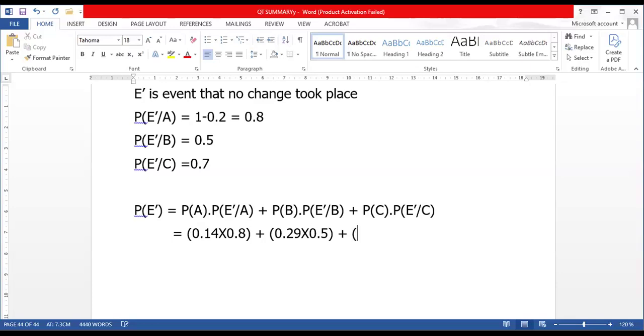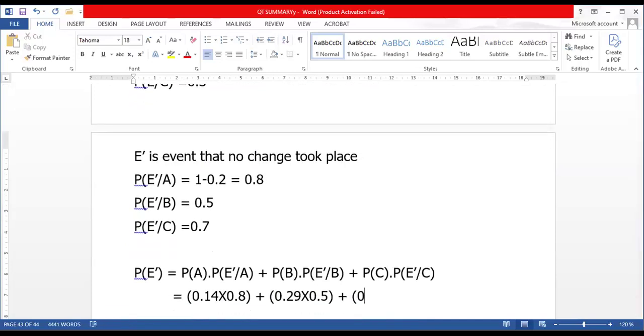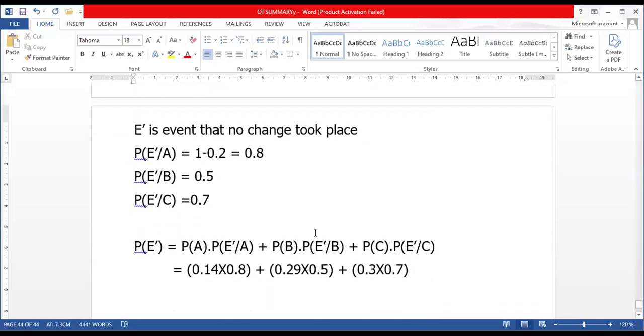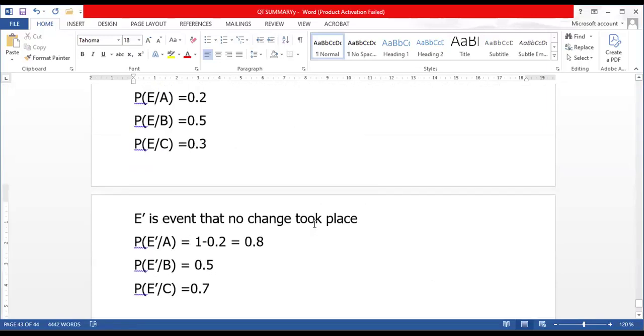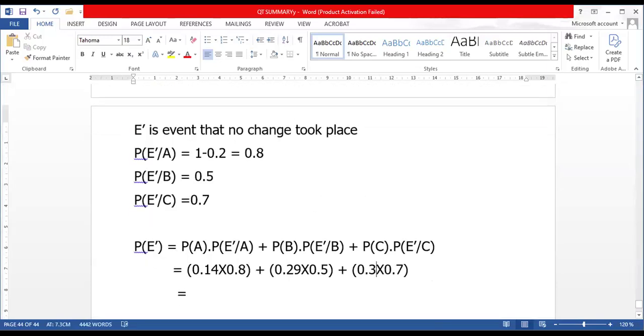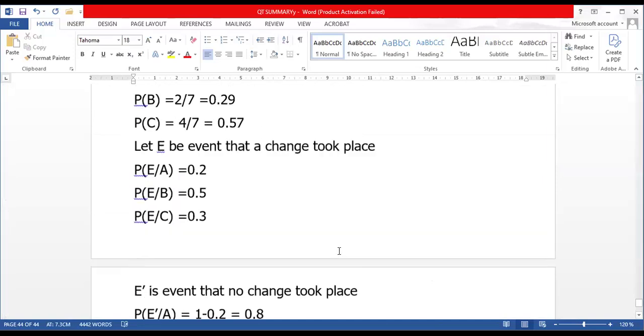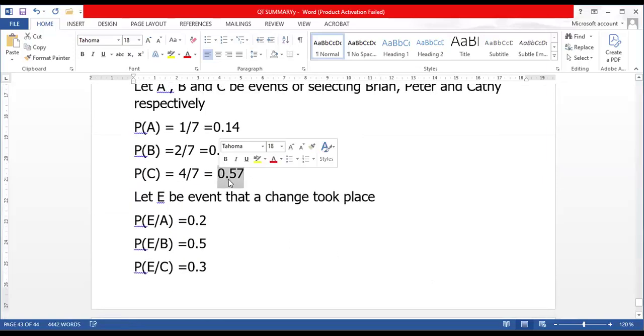Then plus C, the probability of C is 0.57, times 0.7.